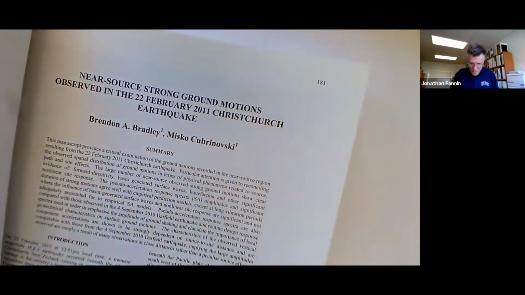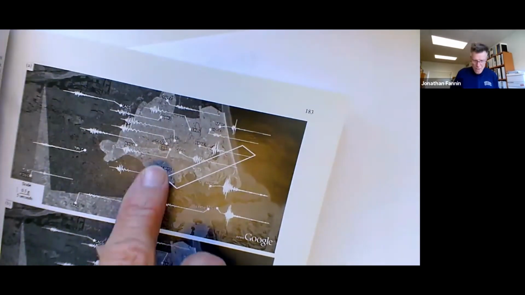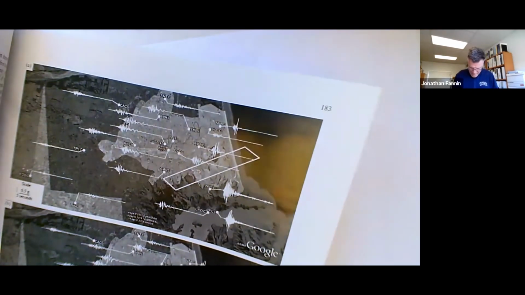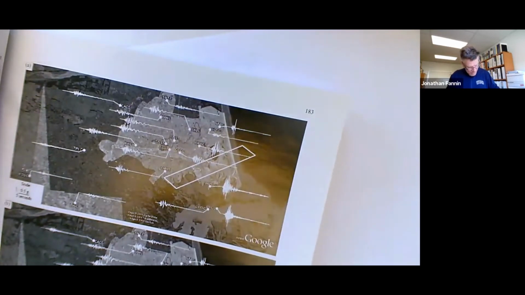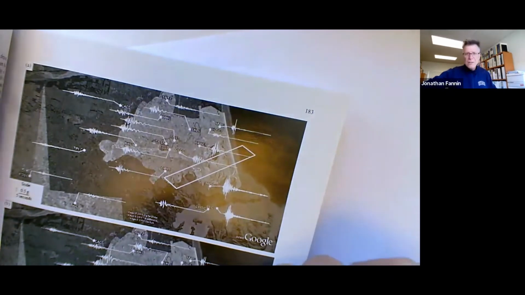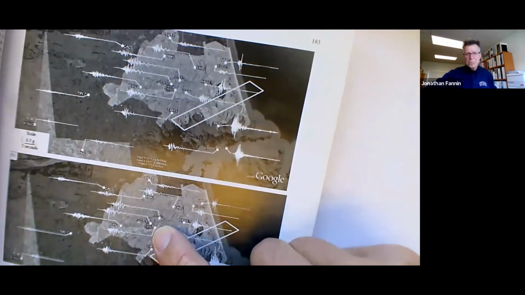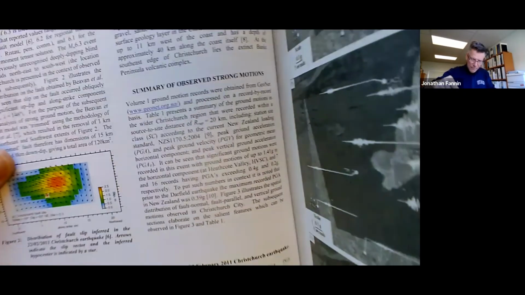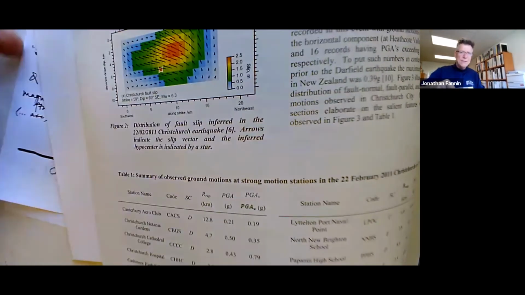But Brendan and Mieszko went through and looked at all these accelerations, horizontal and vertical accelerations, and the distances between some of these locations are maybe a kilometer, maybe a kilometer and a half, and they documented them.